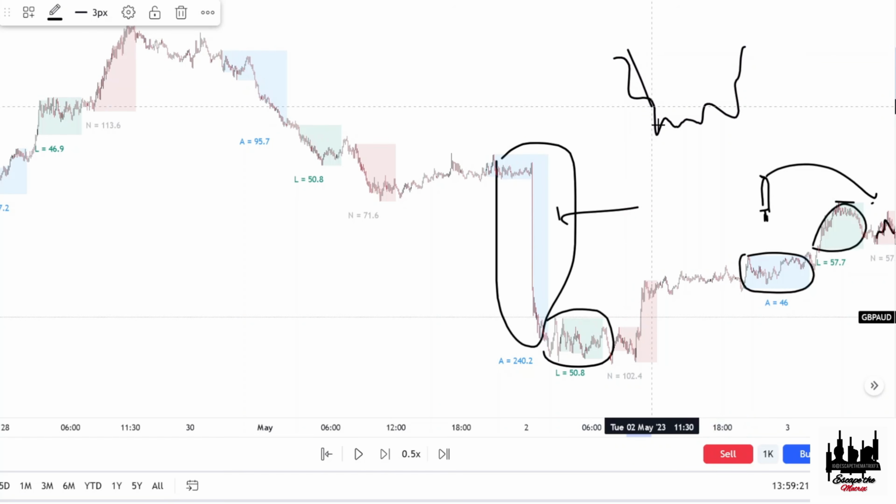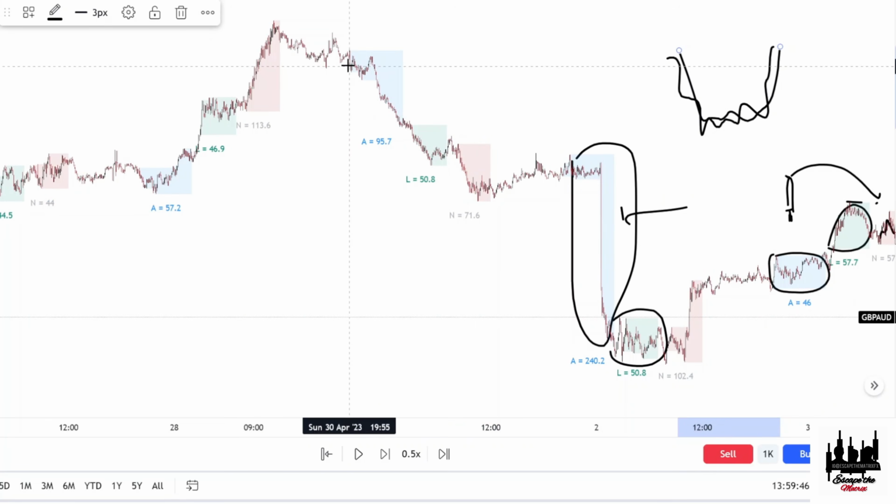This is a drop base rally. This way, you could figure out that the fact that London consolidated, New York will more than likely be the opposite direction. And I'll show you guys something when we go to entries. There's a way you can snipe an easy entry when you know where the New York direction is.